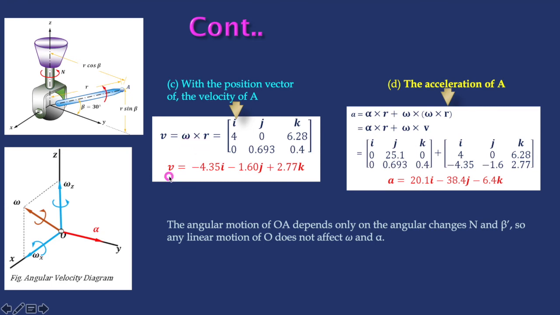This v does not depend on the linear motion of O. Similarly, alpha also is a function of the angular motion. The linear acceleration and linear velocity both are caused due to the angular motion only. So this is our conclusion.